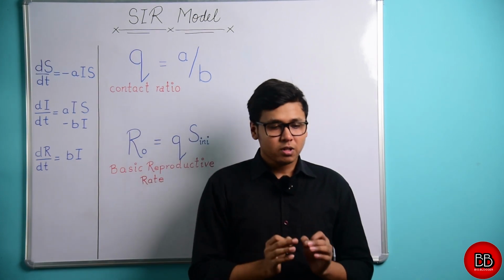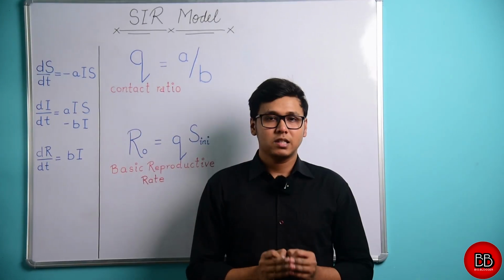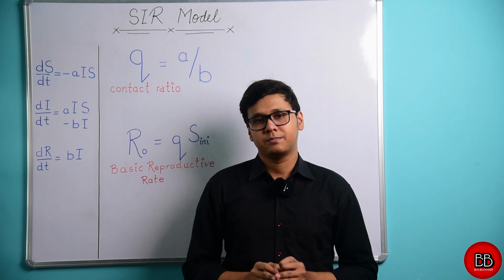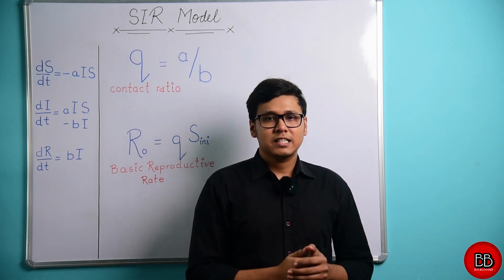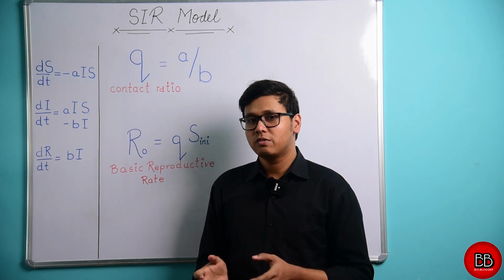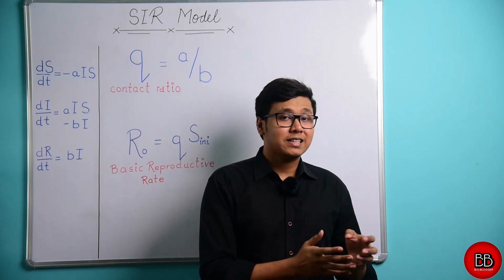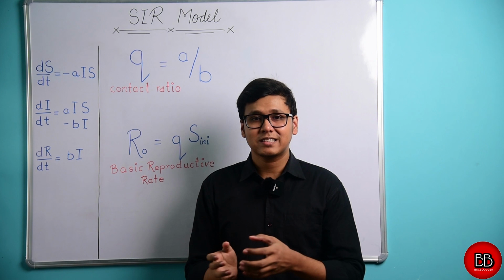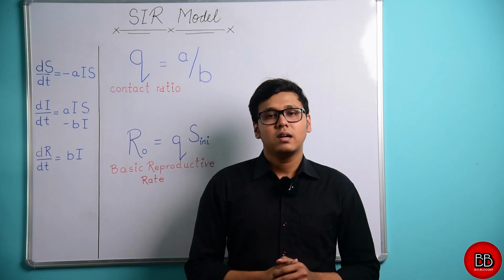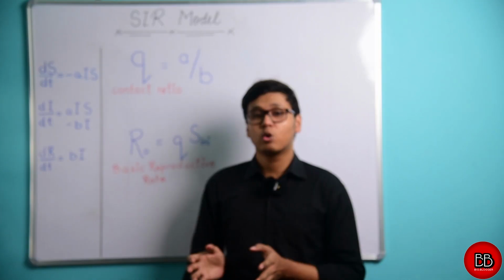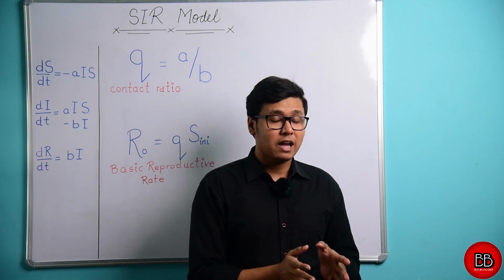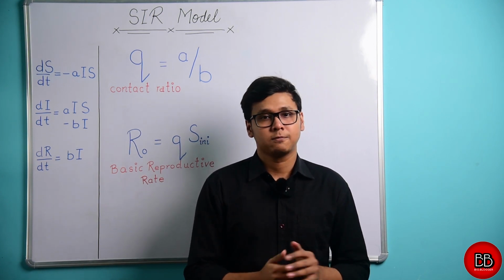R naught is one of the most major problems in the present scenario of COVID-19. There are diseases like seasonal flu which have an R naught value of about 1 to 2. There are MERS and SARS which have an R naught value lesser than 1. But on the other hand, we have COVID-19 that is probably having an R naught value of 2 to 6.